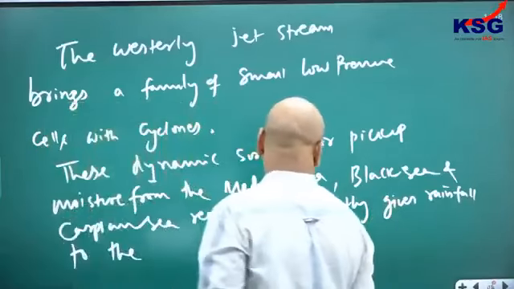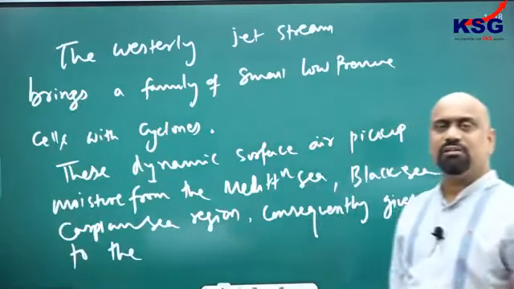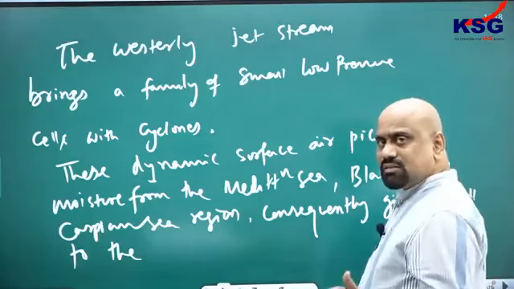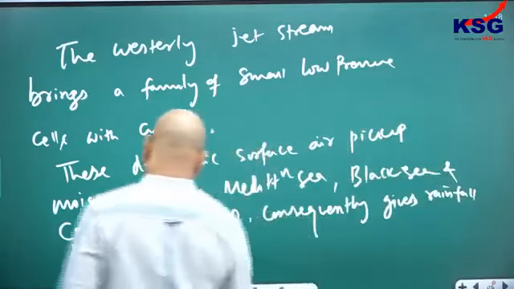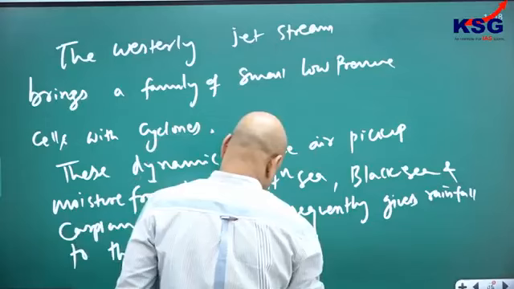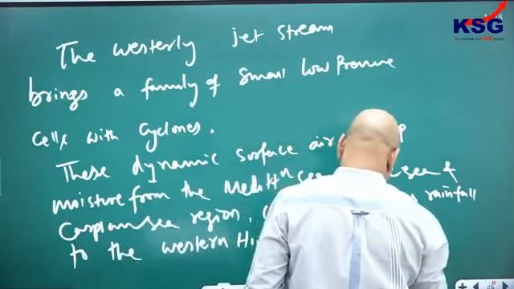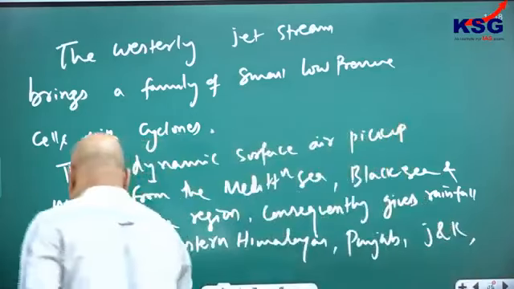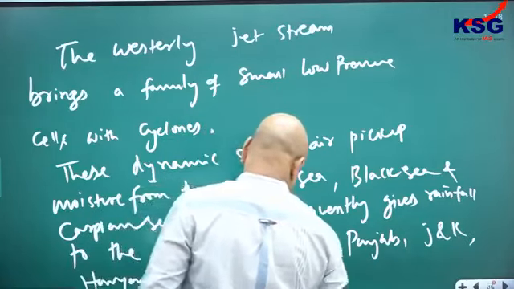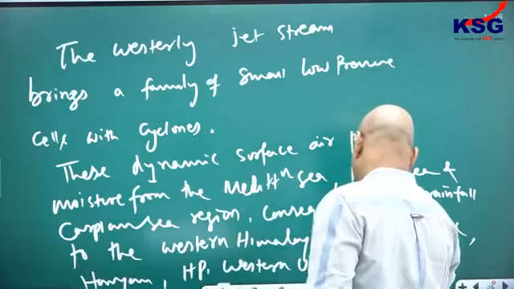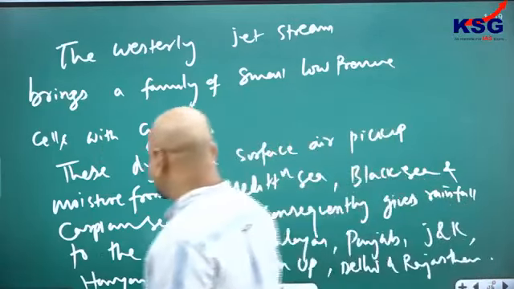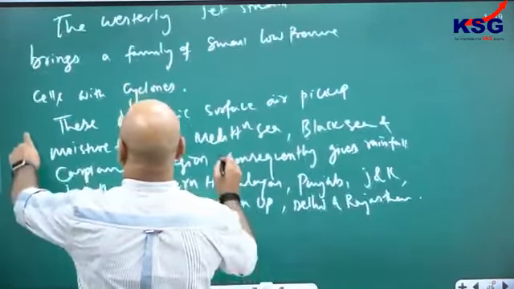It takes moisture from all these, and consequently it gives rainfall to the Western Himalayas, Punjab, Jammu and Kashmir, Haryana, Himachal Pradesh, Western UP, Delhi, and Rajasthan. This is called as the western disturbances.